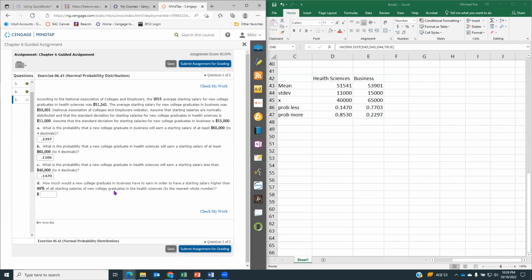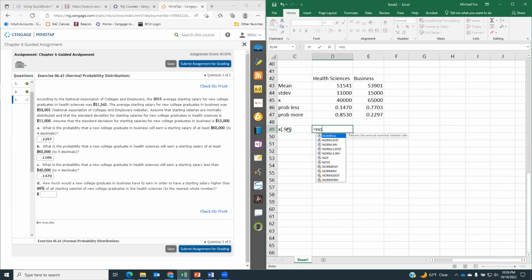And now it says, how much would a new college graduate in business have to earn in order to have a starting salary higher than 99% of all starting salaries for new college graduates in the health sciences? This one's tricky because it sounds like they're asking about business, but it's really asking what the 99th percentile of health science majors would make. So remember, to do that, I'm going to find an x for 0.99 by using NORM.INV, the inverse of the regular norm.